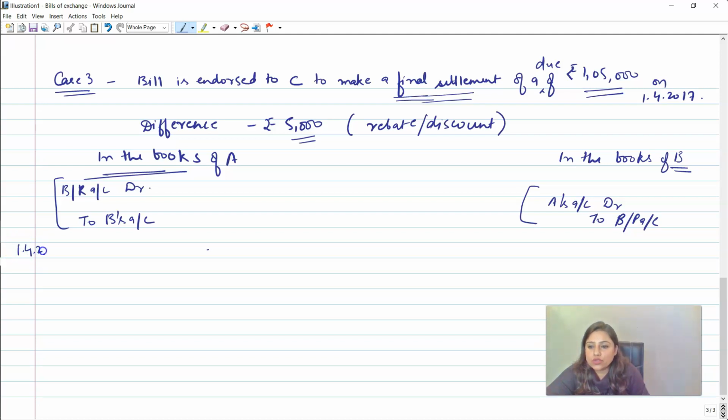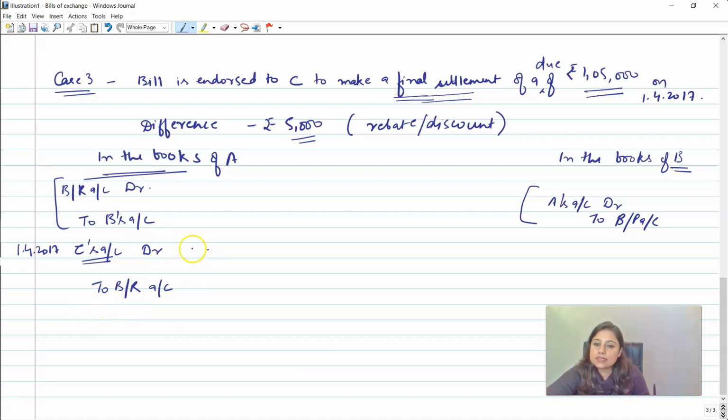So on 1/4/2017, since the final settlement is being made through C, we would be debiting the account of C to the bills receivable account. So C is the creditor, and in order to settle the account of C, we would be debiting C's account, and bills receivable is being endorsed to C, so therefore bills receivable account will be credited.